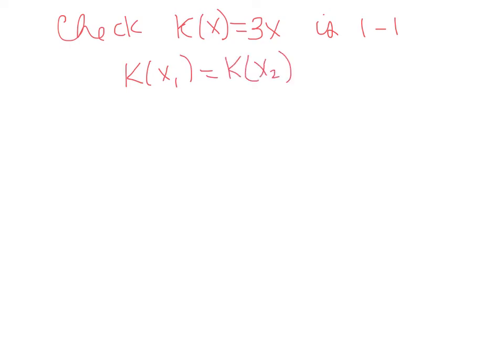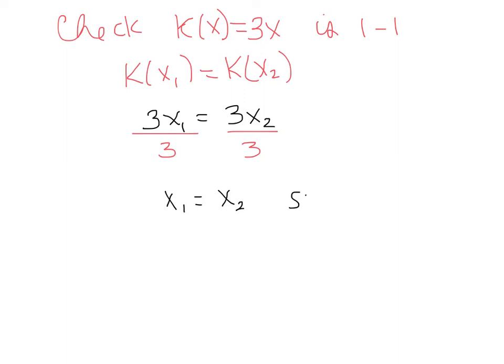When we do this, we're looking at 3 times x1, and it's equal to 3 times x2. We would divide each side by 3, and notice we'd get x1 is equal to x2. So this implies x1 equals x2, and so k of x is 1 to 1.